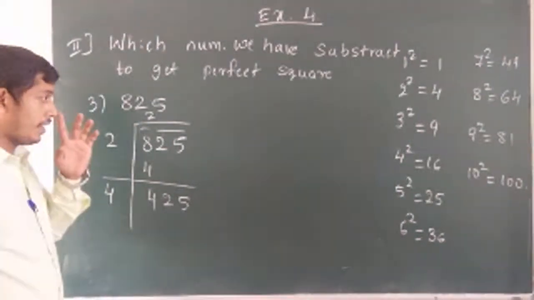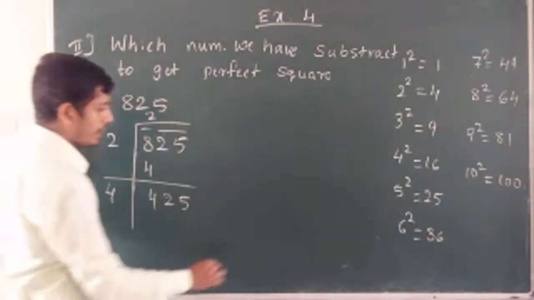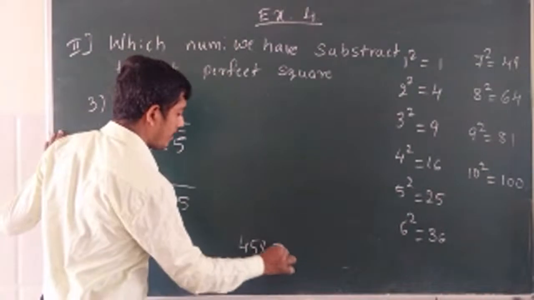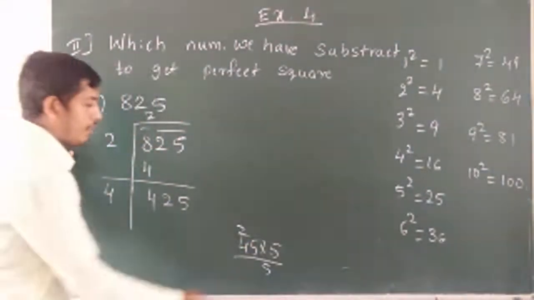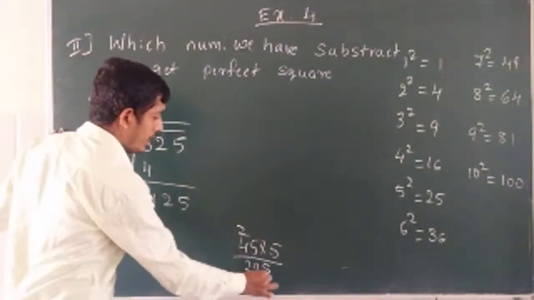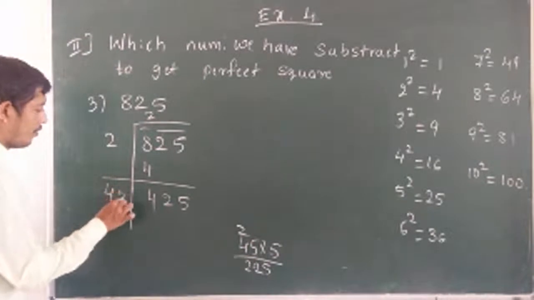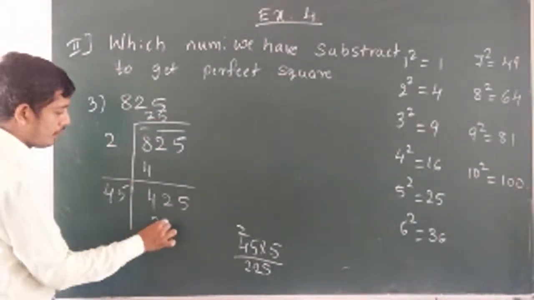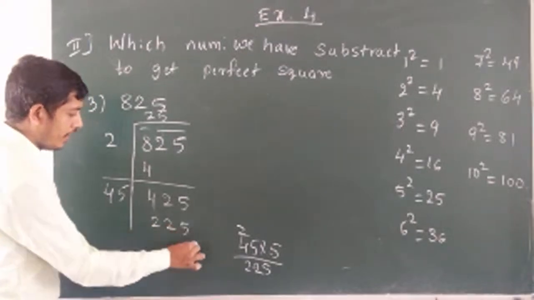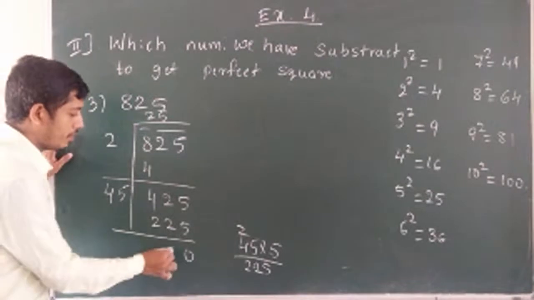Then 425, last digit is 5 here. Then we have to subtract 45. 5 5s are 25. Then 5 4s are 20 plus 2, 20. It becomes 225. Then 5 minus 5, 0. 2 minus 2, 0.